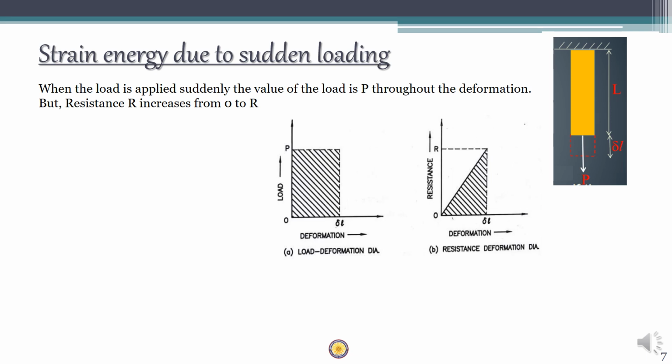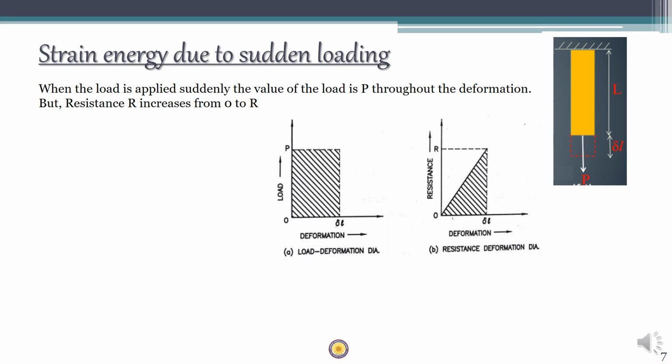So when load is applied suddenly, the load is P at t equal to 0 seconds, as well as when the final deformation happens. Okay, so the load doesn't increase from 0 to a maximum of P. Instead, the load is P at the beginning as well as at the final instant during the deformation.